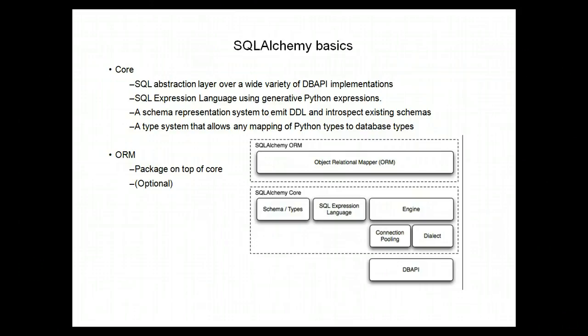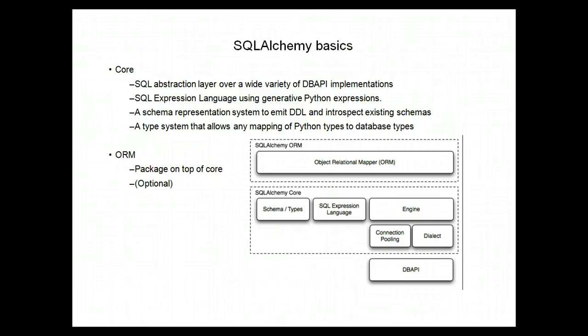So SQLAlchemy basically is an abstraction layer. It's a framework, and it can be used as SQLAlchemy core or a SQLAlchemy ORM. The core basically consists of an engine on top of the DB API, so it manages connection pooling, and provides a dialect layer which is used to basically identify the type of database that you're using.